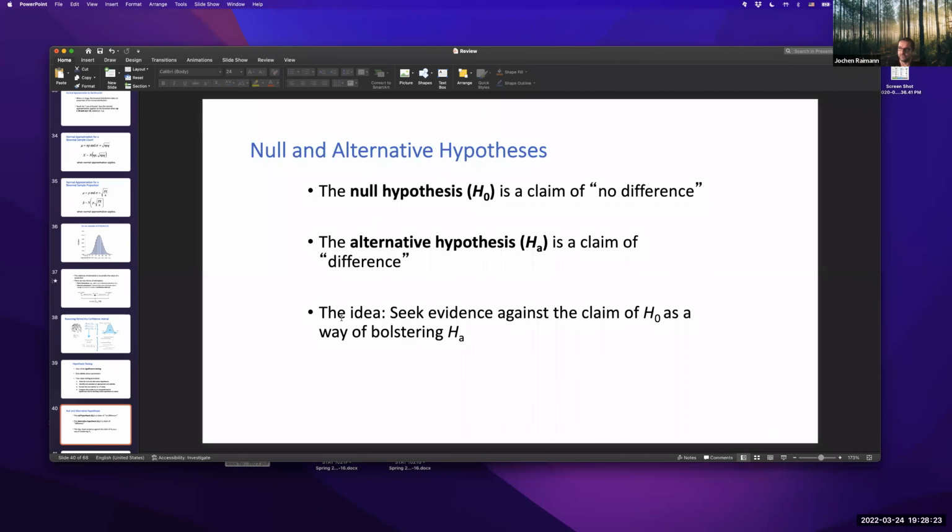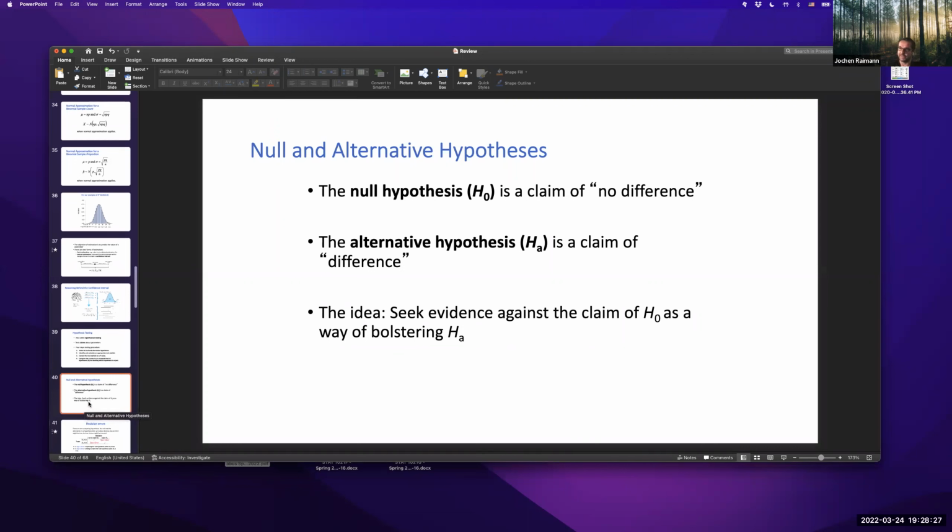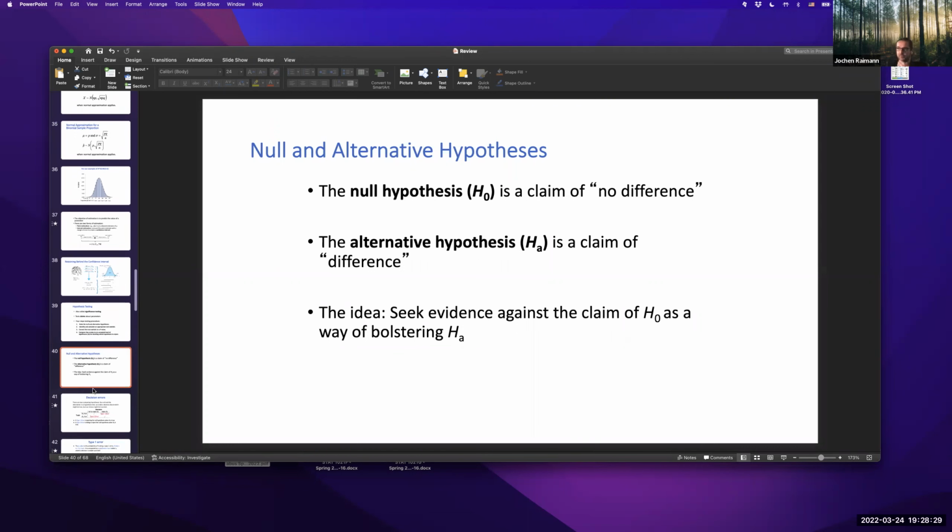Then you have a null hypothesis, which claims that there's no difference between your sample mean and the population mean. And the alternative hypothesis claims there's a difference. So essentially, you calculate the difference between your sample mean and the population mean.